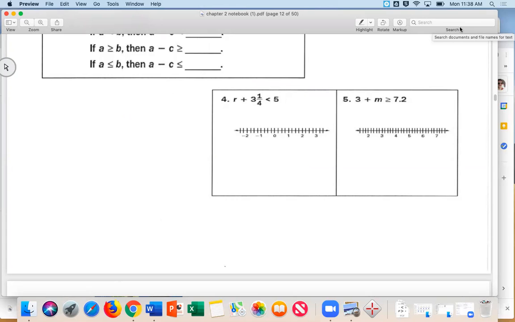All right, let's look at this. Ellie, how do I get rid of plus 3 1/4? Don't you subtract the 3 1/4? So I subtract 3 1/4.